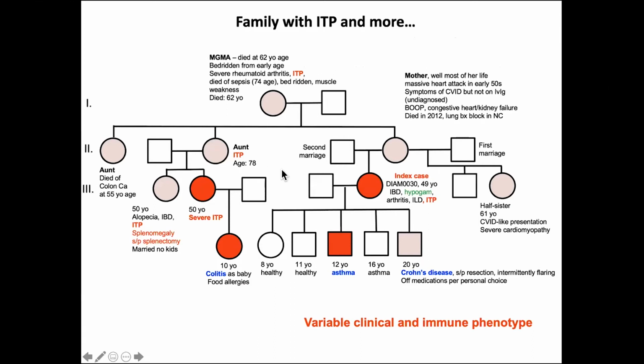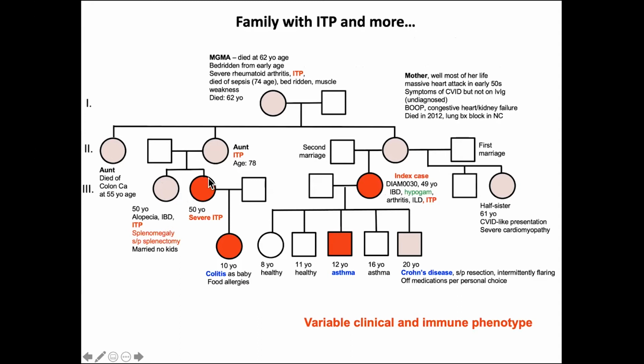In fact, our index case, which is in the middle of this graph in the red circle, was related to a twin of 50 years of age at that time, who were followed in Boston. And these siblings were found to have severe ITP, immune thrombocytopenia, for a very long time. And one of them even developed an enlarged spleen that had to be removed.